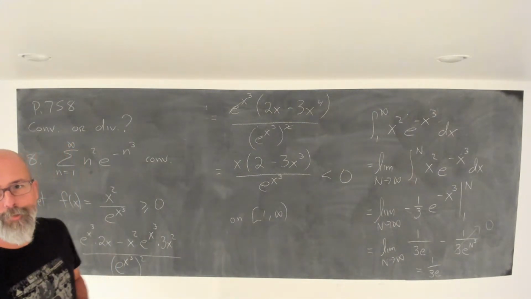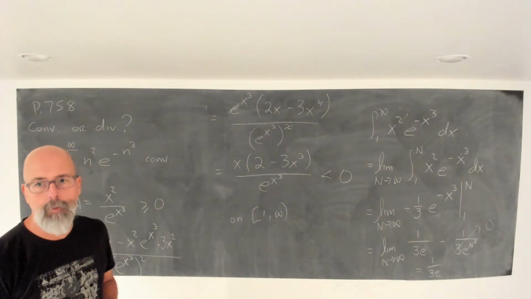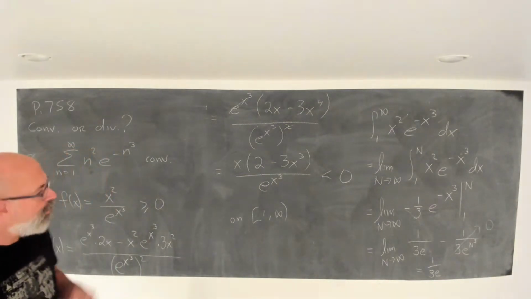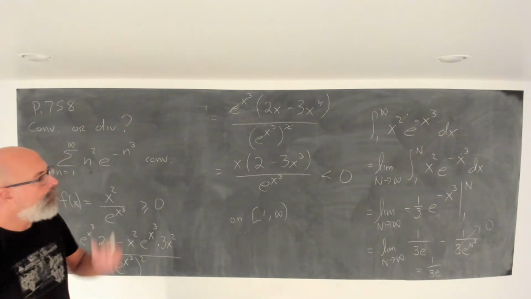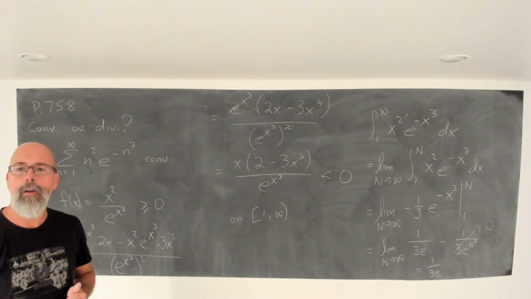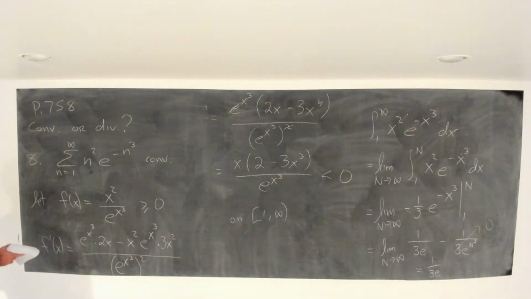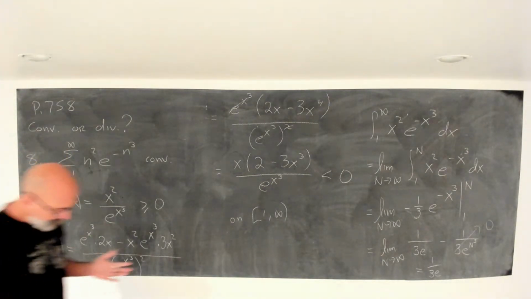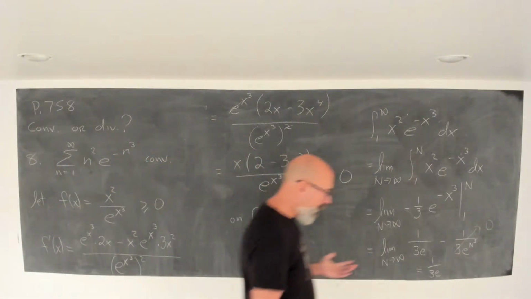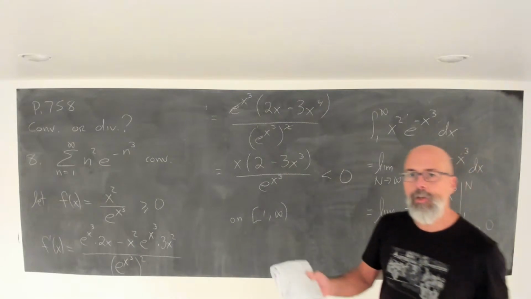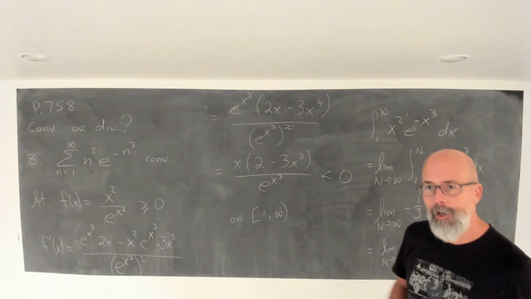Charles is asking, if we find that the function is decreasing from a certain point onwards, can we still use the integral test? Indeed, you can. From that moment on. Absolutely. And as you know, with a series, the only thing that's important is the tail end of the series. It's the last infinitely many numbers.